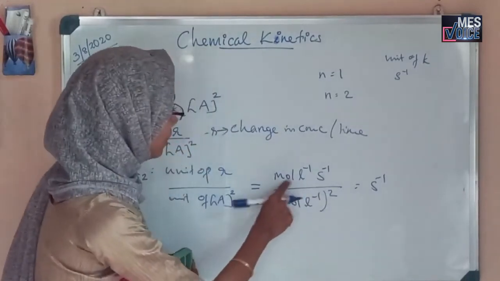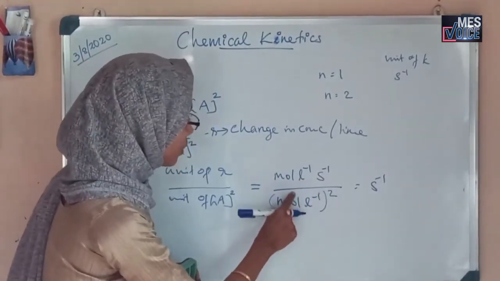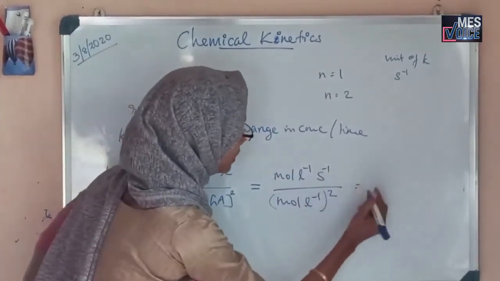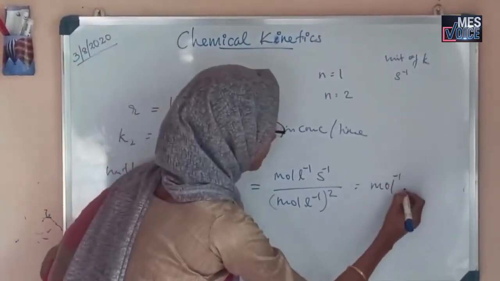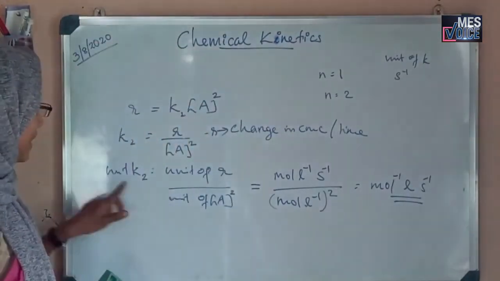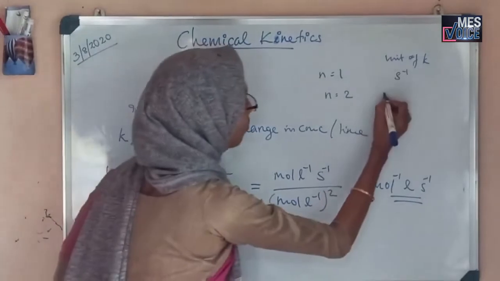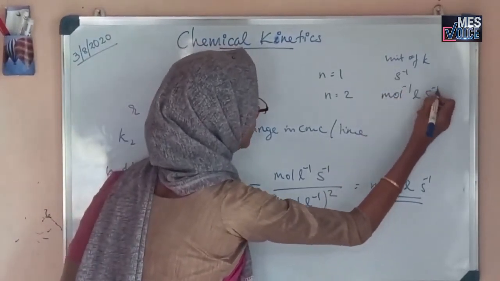It is equal to mole liter raised to minus 1 second inverse divided by mole squared liter raised to minus 2, which is equal to mole raised to minus 1 liter second inverse. That is, for a second order reaction, the unit of rate constant is mole raised to minus 1 liter second inverse.